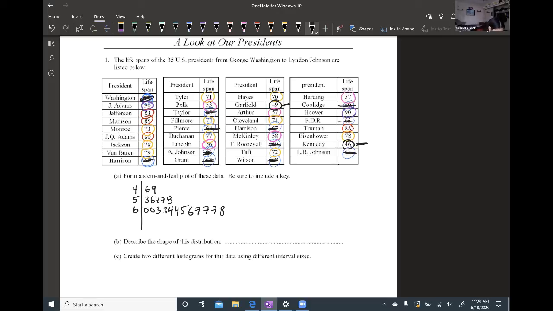So let me scratch out what I've already done. I did the 50s. I did these, that, and that. All right. Now I go to 70s, which are in yellow. So I have 0, 1. So this one and this one. 2.